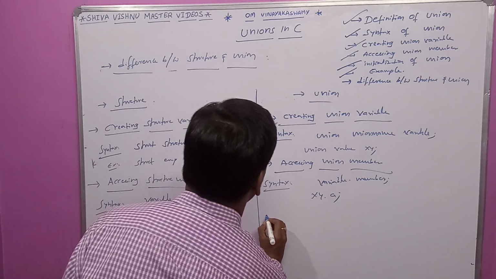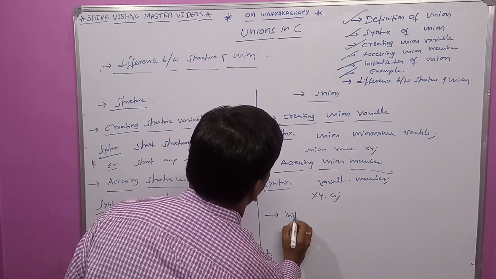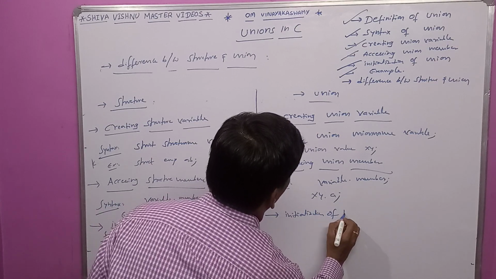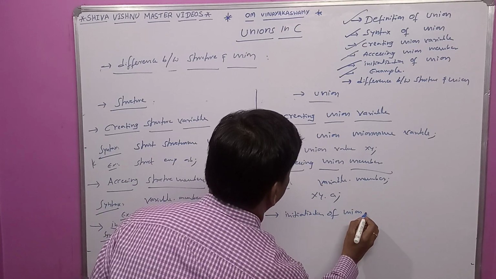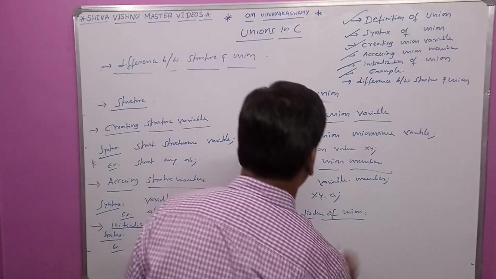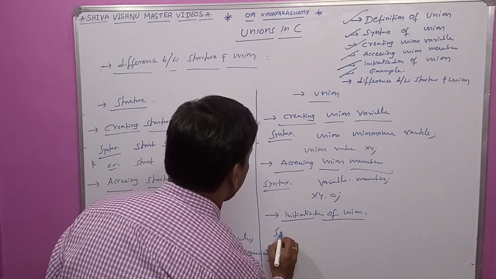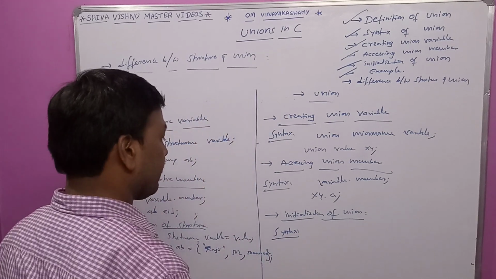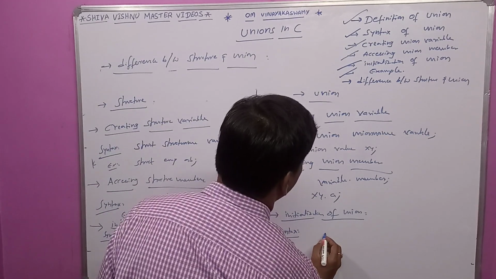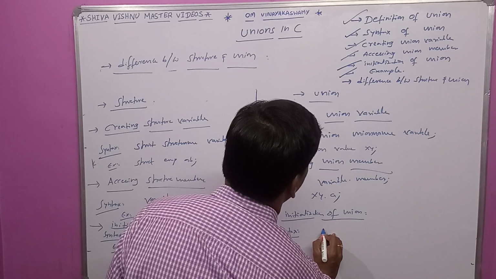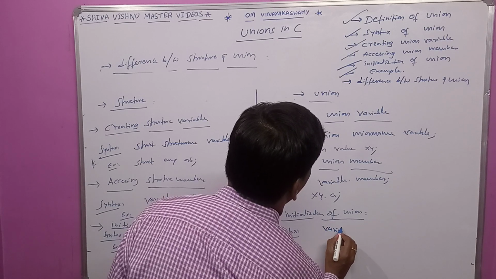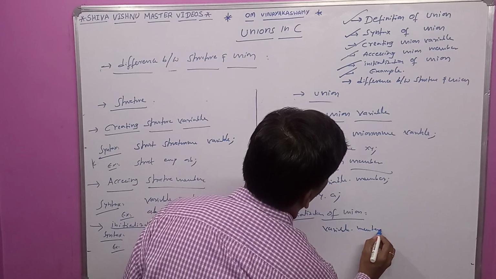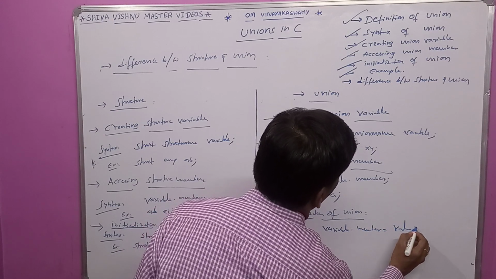Here you can see the initialization of union. Here also we have the syntax: variable, dot operator, member, value semicolon.